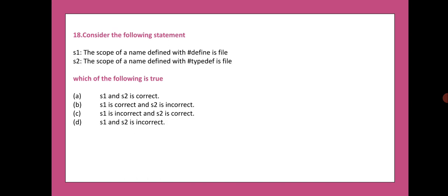We know the scope of the name defined with #define is file. Correct. Whereas typedef will have the scope of the type it is declared in. It's not a file at all. Hence the answer should be S1 is correct and S2 is incorrect.